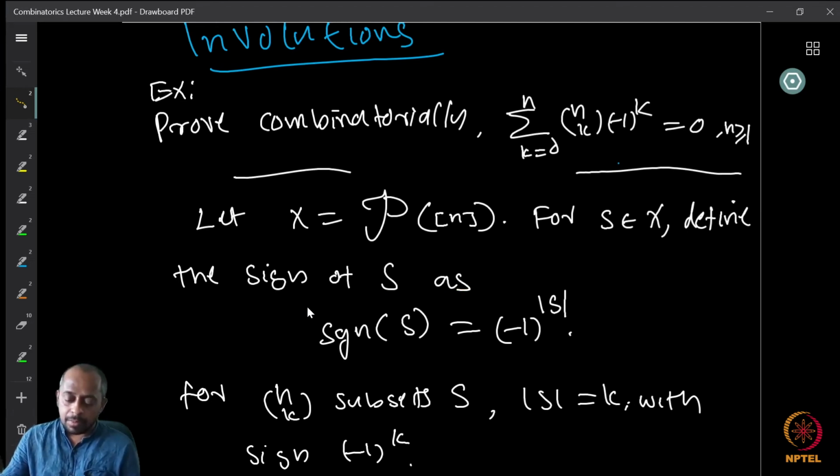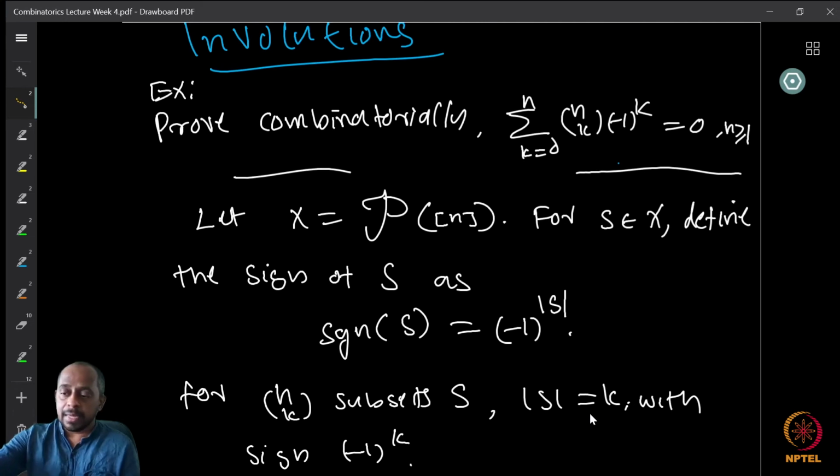Now, for any k, n choose k subsets S of the set {1, ..., n} have cardinality k. That is by the definition of n choose k. Therefore, all of them have sign (-1)^k, because the cardinality of S is k.